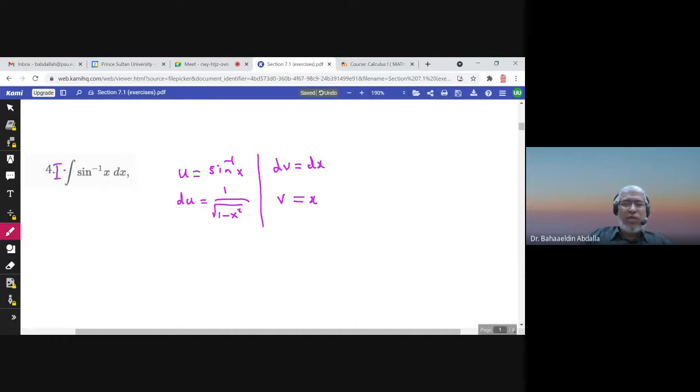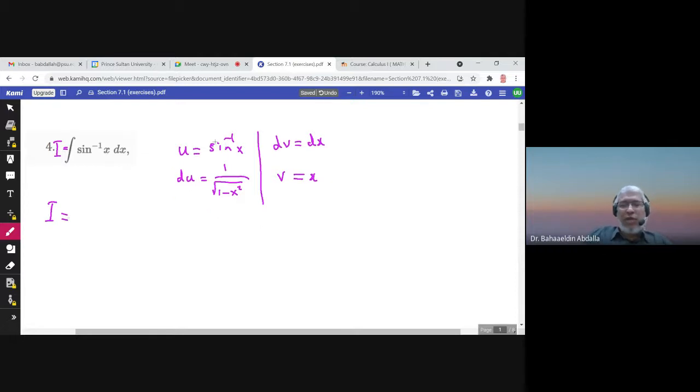So this integral I now is equal to u times v, which is x times sine inverse x, minus the integral of v du, so x times 1 over square root of 1 minus x squared, or I can just write it as x over square root of 1 minus x squared dx.